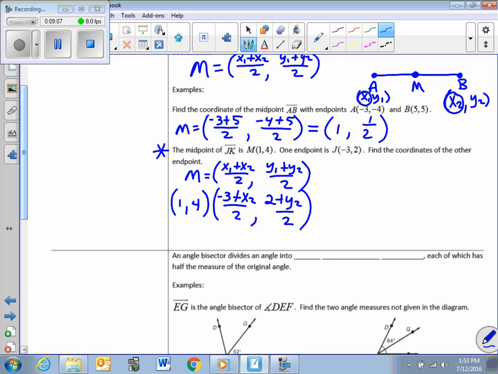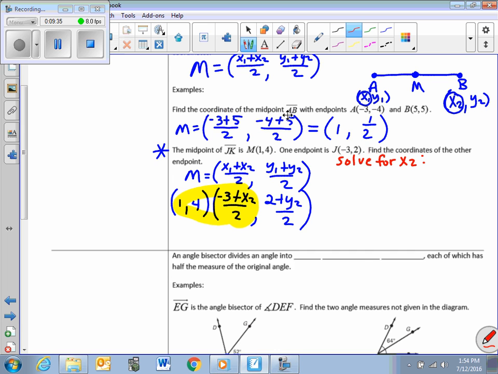So what I'm going to do is separate out, first of all, I didn't want to include the 4 there. I'm going to take this part here and I'm going to solve for x sub 2, and then I'll do the same thing for y sub 2. So let me solve for x sub 2.